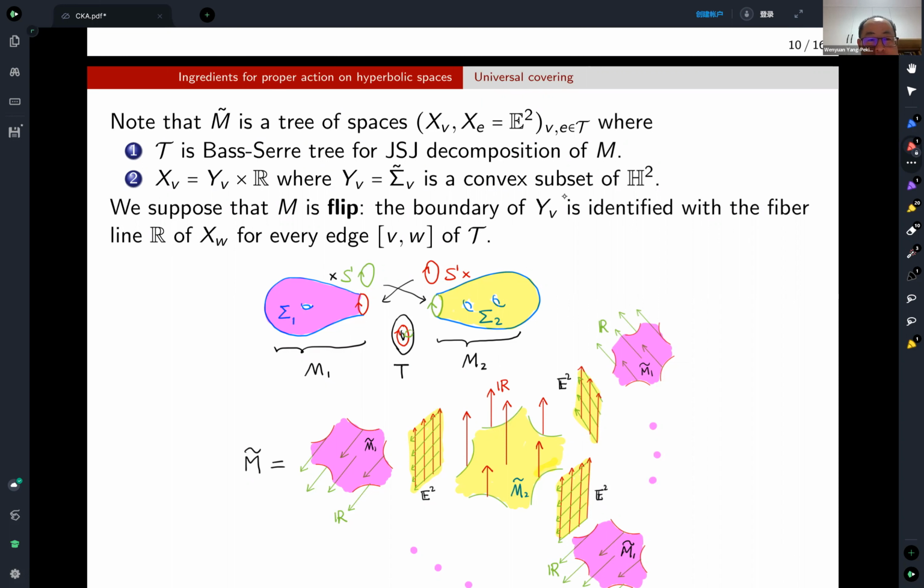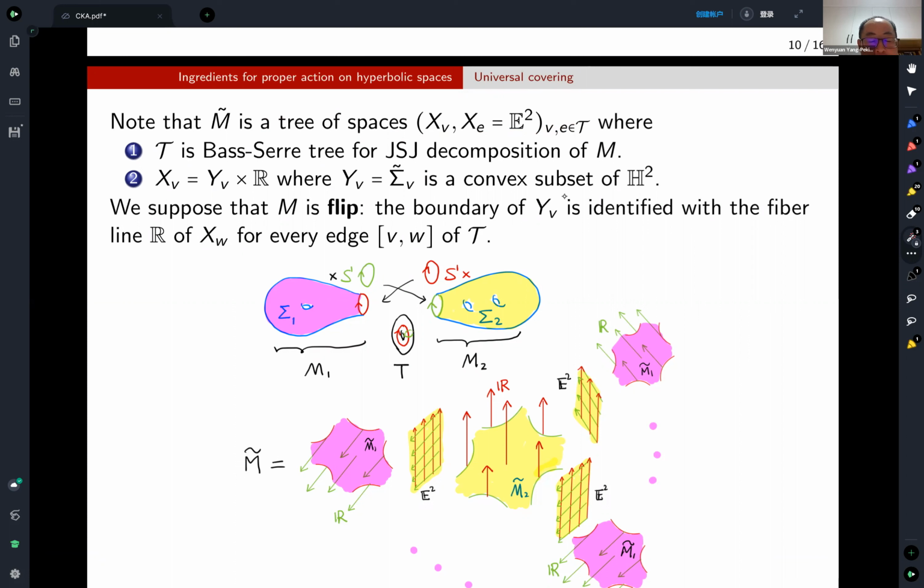Because these CK groups are graphs of groups, the universal cover has some kind of tree of spaces structure. The underlying tree is just the Bass-Serre tree for this JSJ decomposition of a manifold, or you can think of it as the CK decomposition.